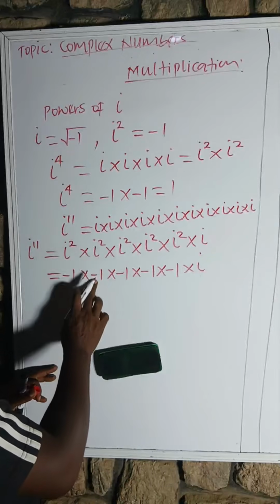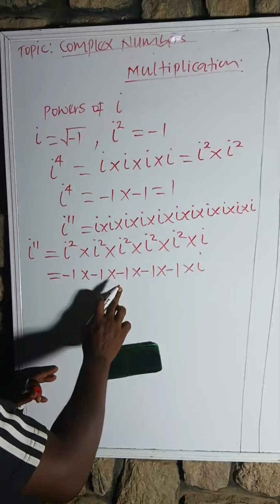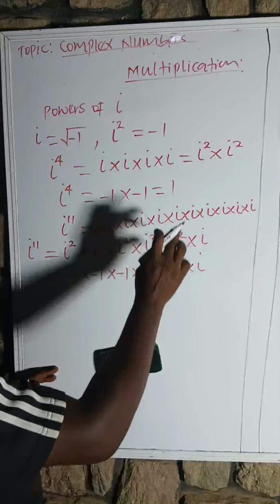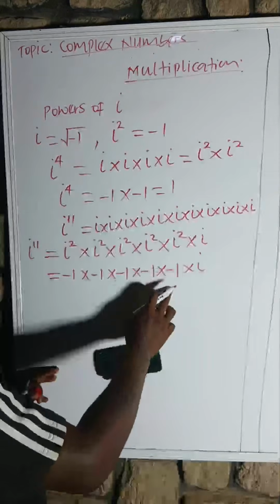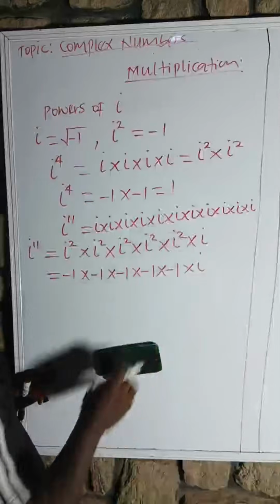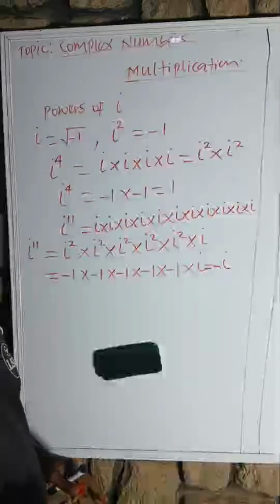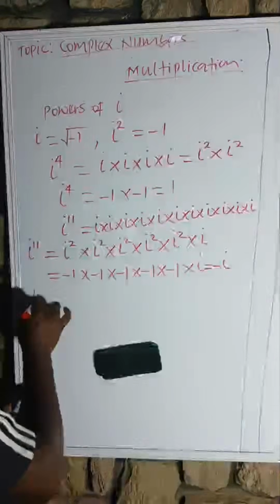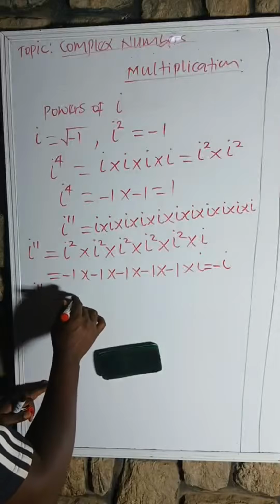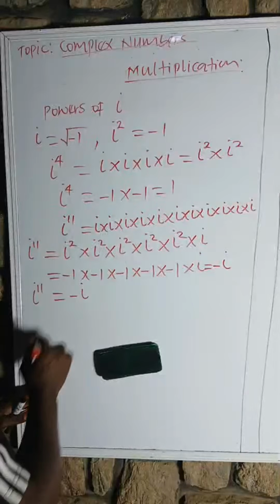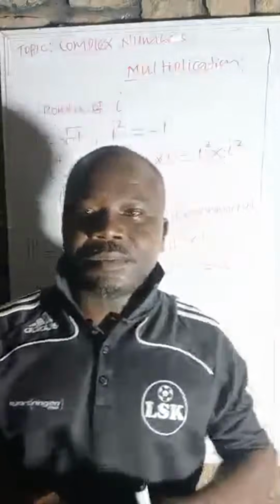Minus times minus plus, times minus minus, times minus plus, times minus minus 1, times i, definitely gives us minus i. So i raised to power 11 is equal to minus i. So we did all of that.